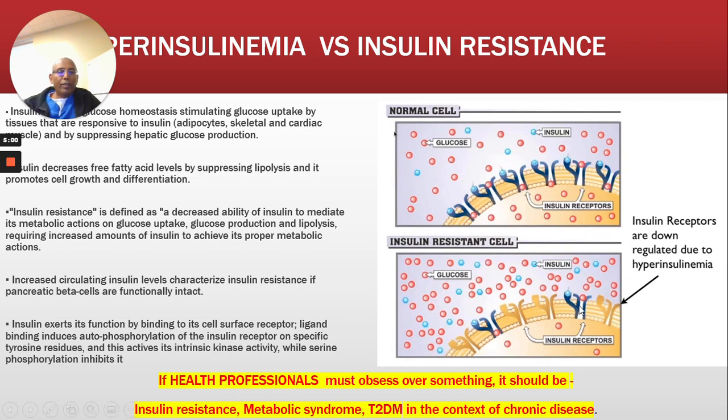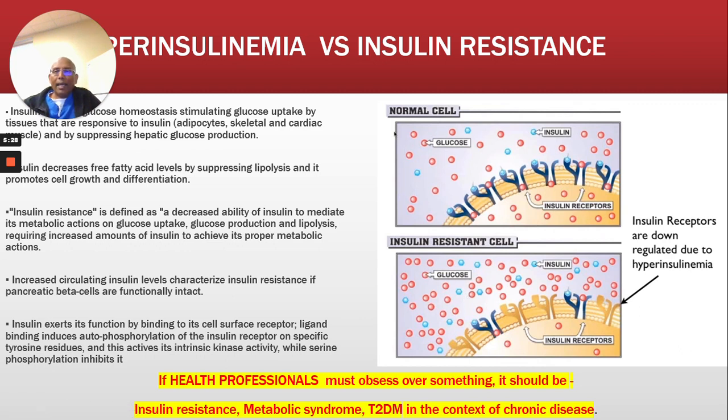Normally, insulin attaches to the cell, opens up the cell, the insulin receptors are open, and the glucose goes in. When there is insulin resistance, though, the receptors are down regulated. The receptors that should be working well cannot work, so the cells become insulin resistant.